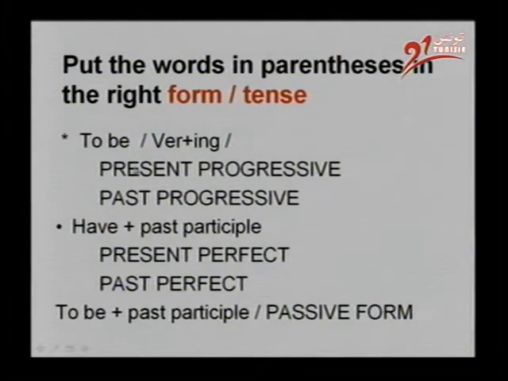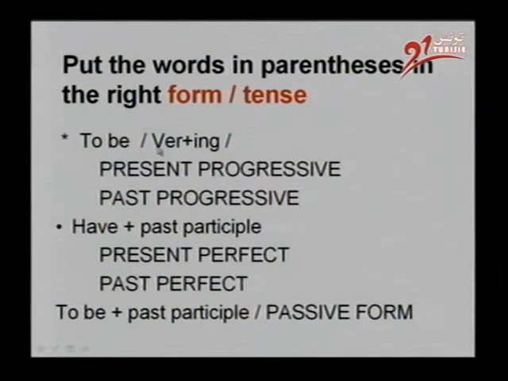And to be in the present plus verb ing, we get the present progressive. For example, you are watching a lesson now. Now, if I want to change this tense into another tense in the past, I'm going to focus on the auxiliary to be in the past plus verb plus ing to get the following example.